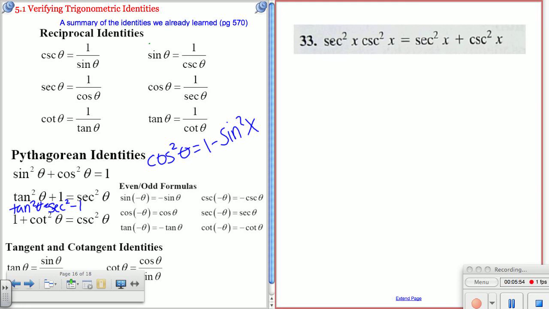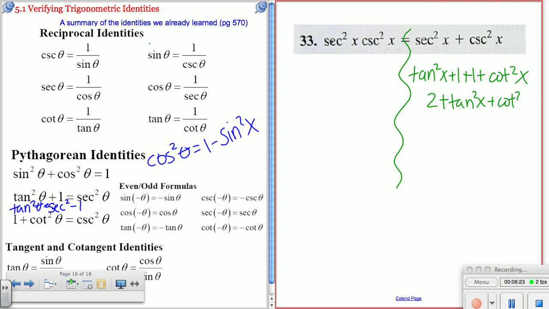Secant squared, let's change that into tan squared plus 1, using our Pythagorean identity. And let's change cosecant squared into 1 plus cotan squared. That gets us to 2 plus tan squared plus cotan squared.